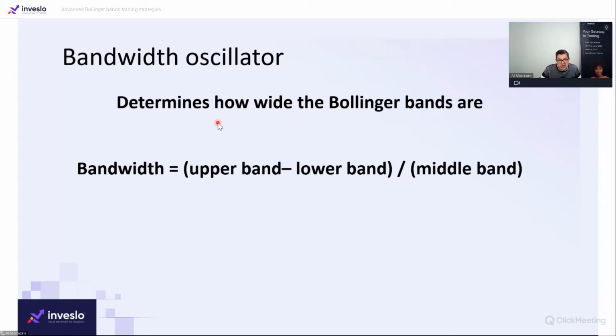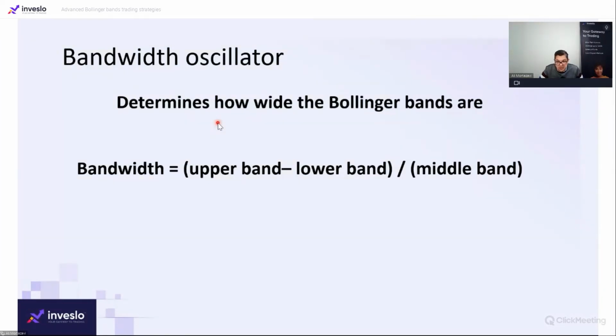Here we can use the bandwidth as the oscillator that indicates the width of the Bollinger Bands, only the upper band and the lower band.